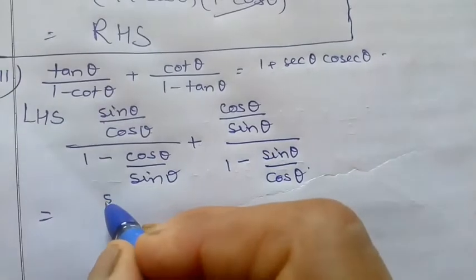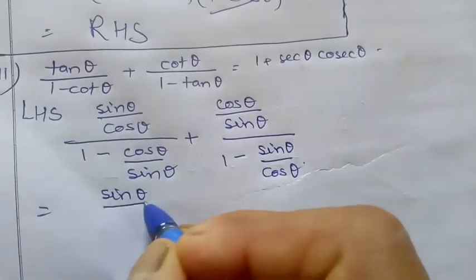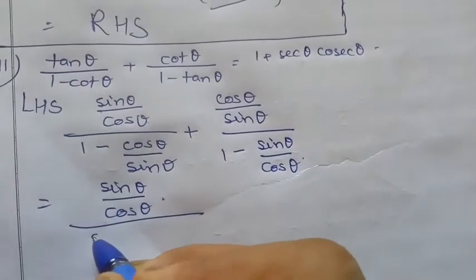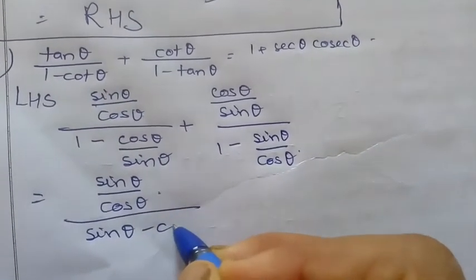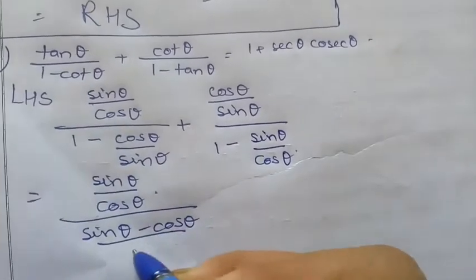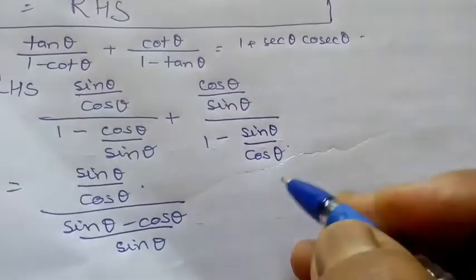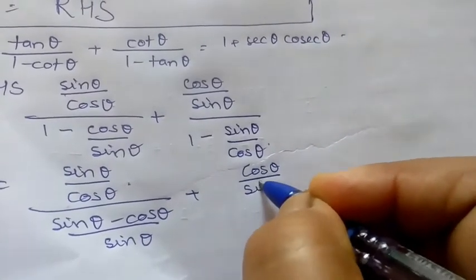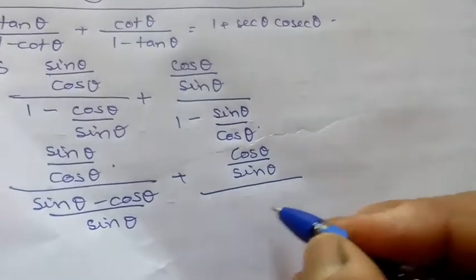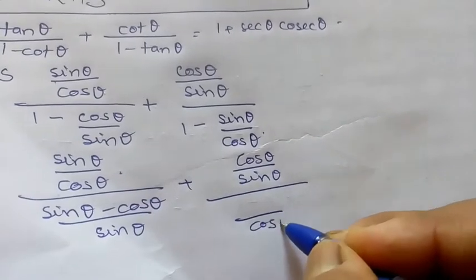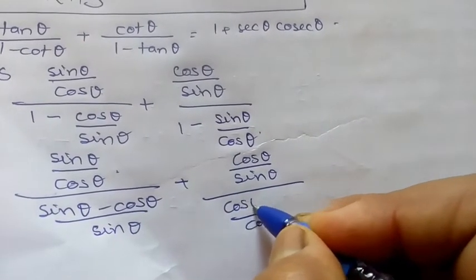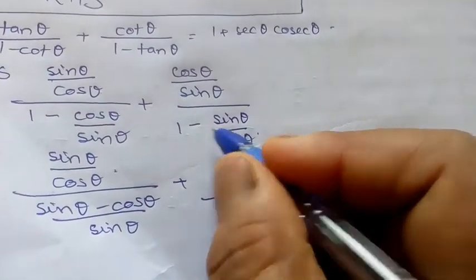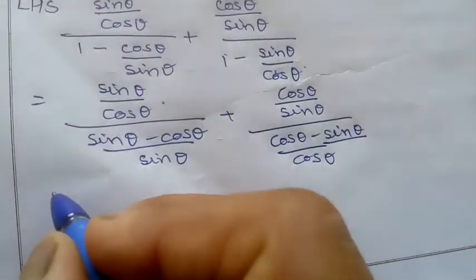Next, sin theta upon cos theta. Taking sin theta LCM, we get sin theta minus cos theta upon sin theta. Similarly, cos theta upon sin theta. Taking cos theta LCM, here is cos theta minus sin theta.